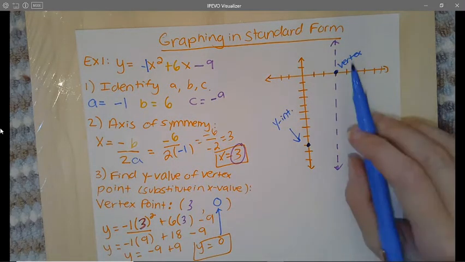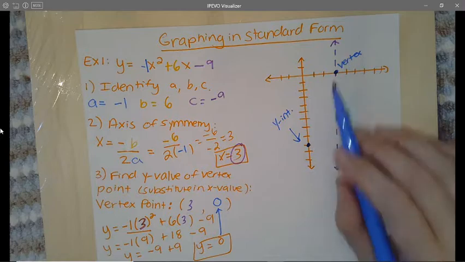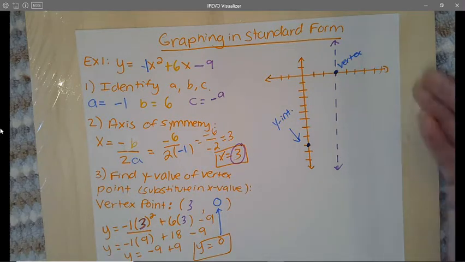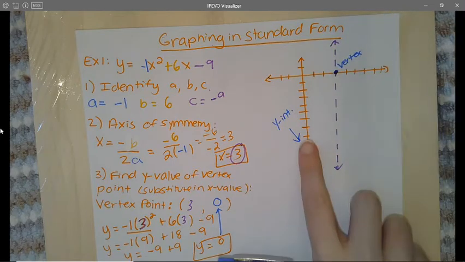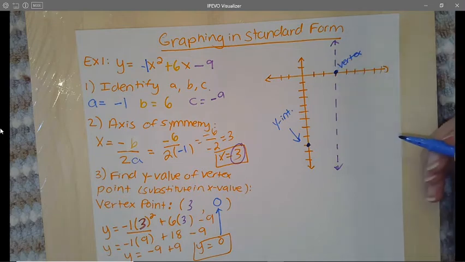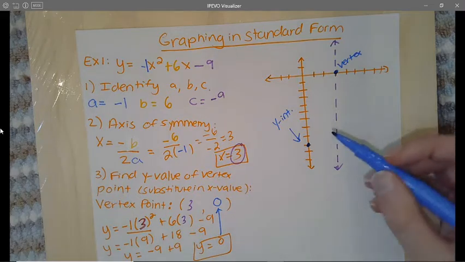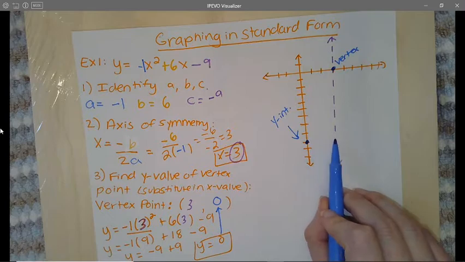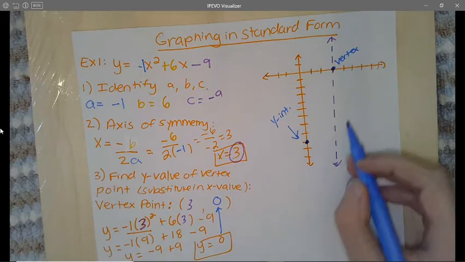Now, another helpful thing you can use your axis of symmetry for is to get more points on your graph, because if this is the halfway point, we can reflect points over that line and get more points on our parabola. And the more points you have on your parabola, the more accurate your graph will be. I see here that my y-intercept is 3 spaces away from my axis of symmetry.